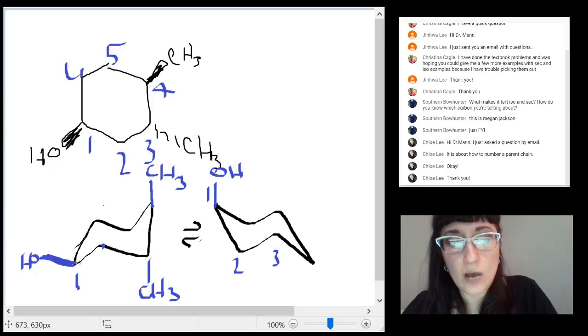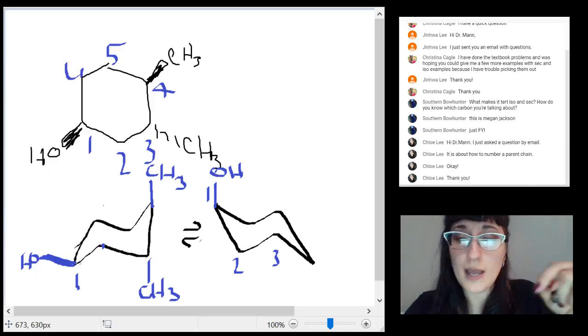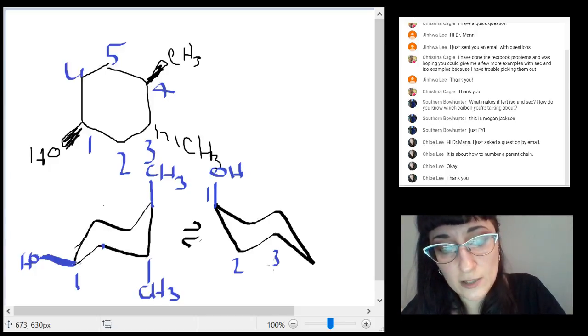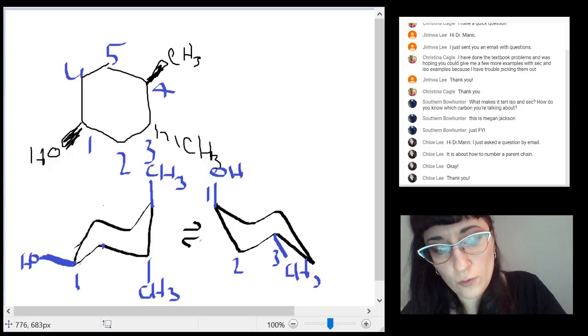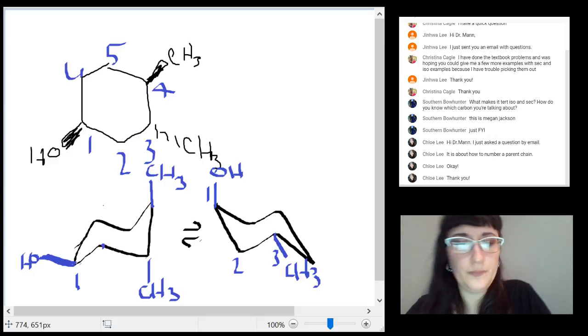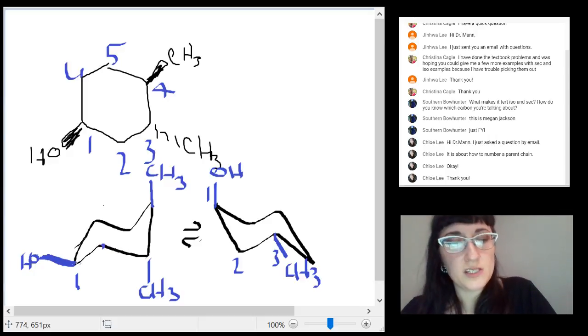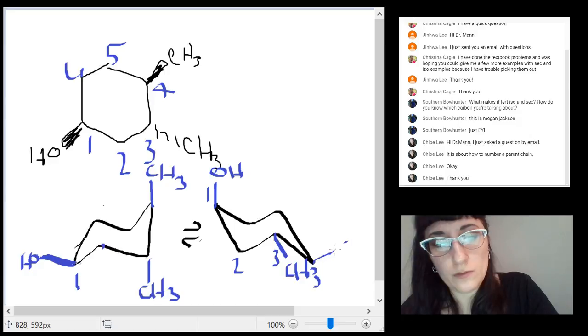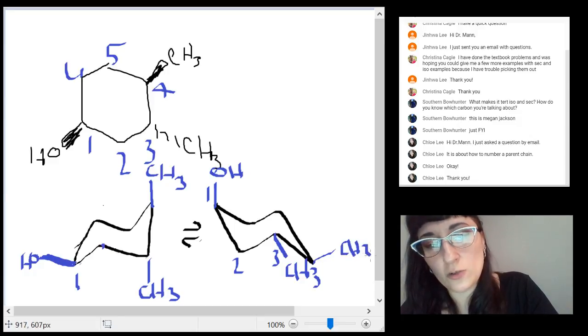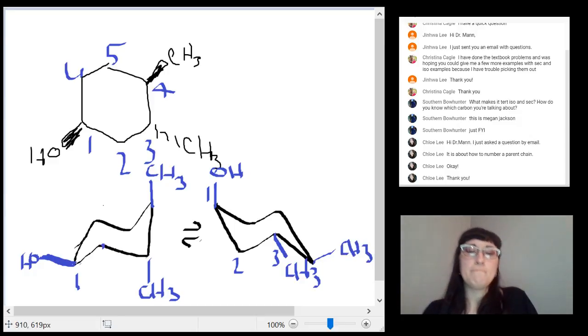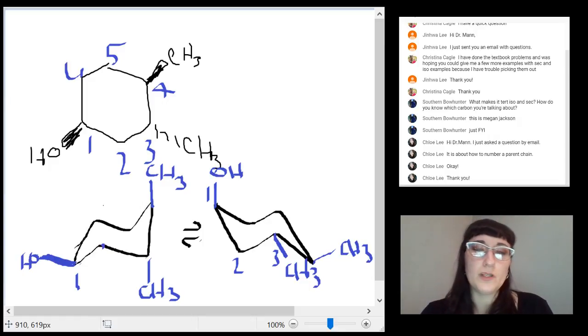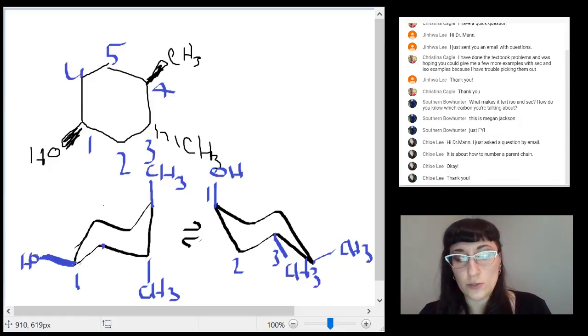Instead of pointing down on the axial side, the one that points down at that position comes out like that, away from the ring. That's supposed to be a 3. And then the one next to that is pointing up, but instead of axial, it's equatorial. Again, if you're having trouble seeing those, you can try and use a model kit. That helps a lot of people.